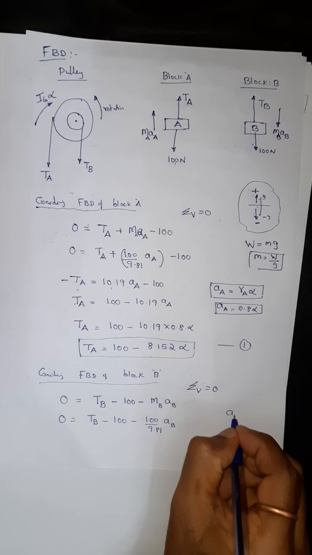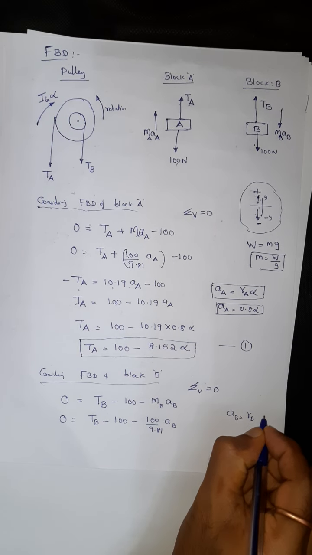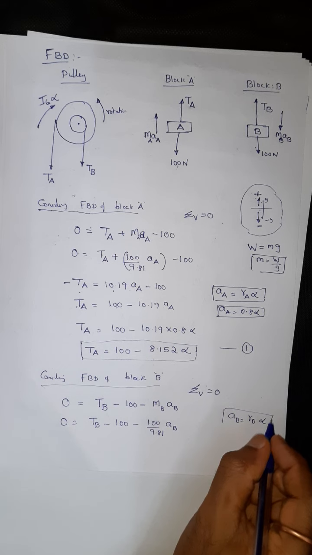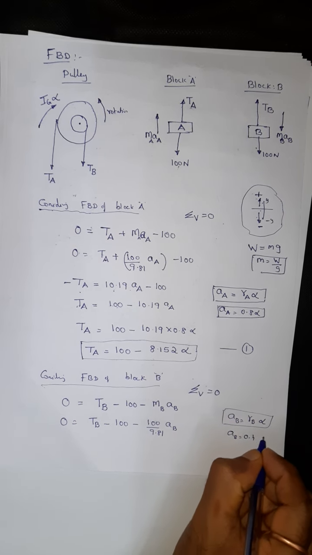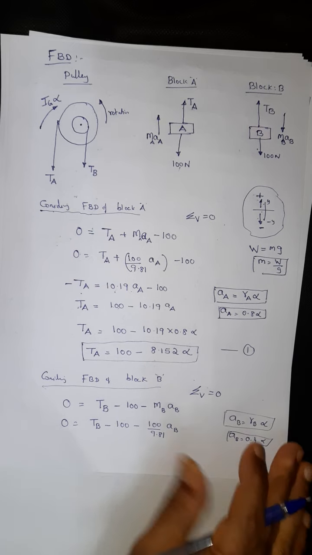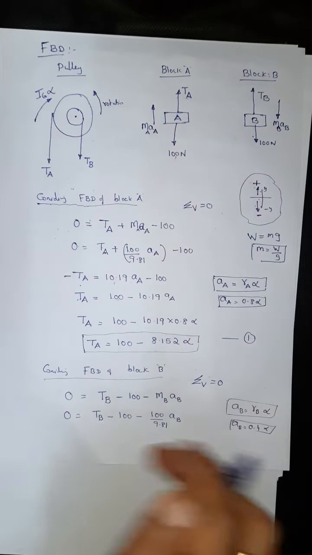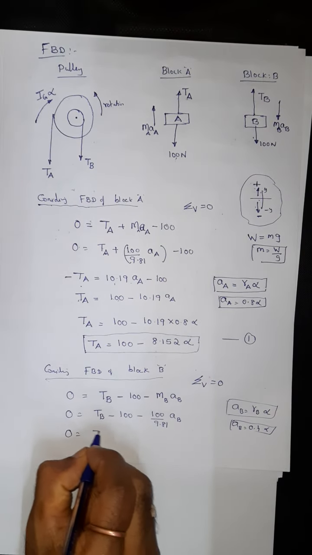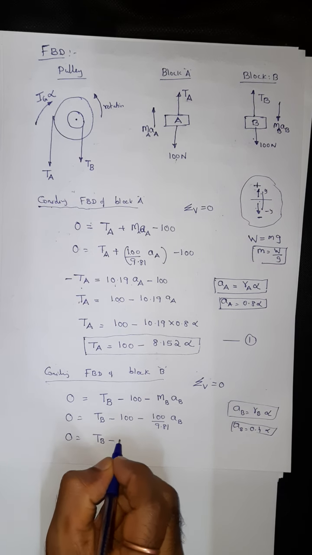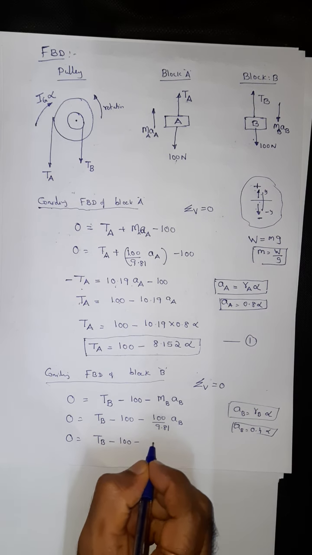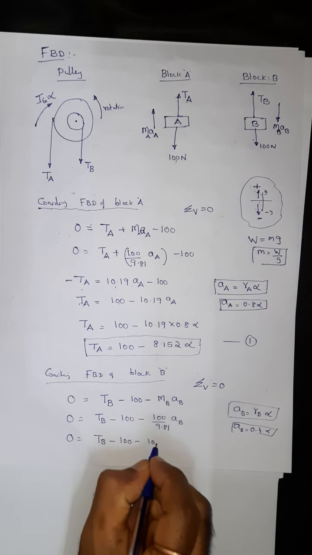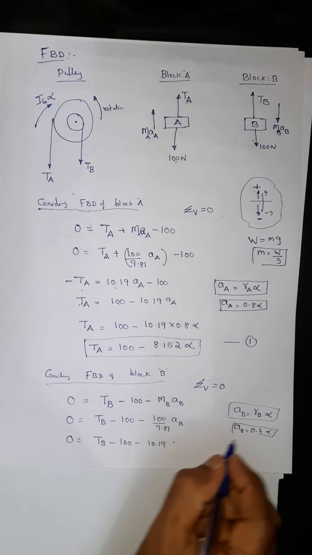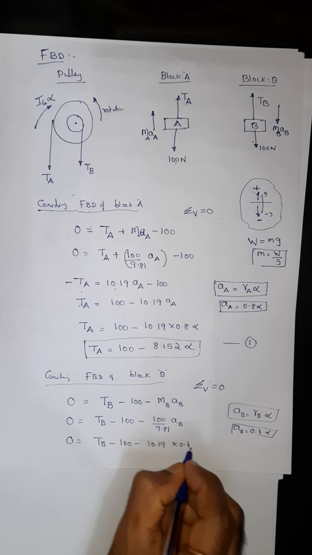And AB equals RB into alpha, isn't it? So AB can be written as RB, which is 0.4, into alpha. Substitute that value in here. So TB minus 100 minus 100 divided by 9.81, which is 10.19, into AB, which is 0.4 alpha.